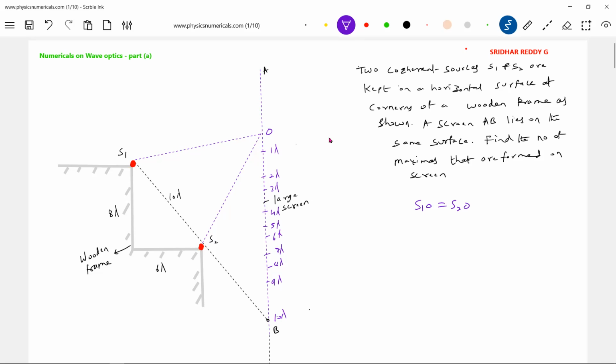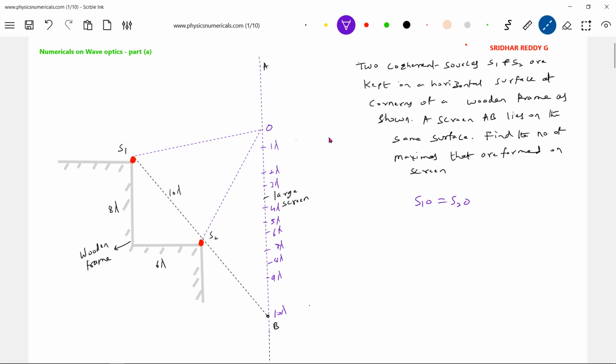Then what about the other point? Finally, look at this one. What is the path difference between them? It should be 10 lambda. So the path difference of the rays reaching point B will be 10 lambda. Why not here, sir? Because this wooden frame will block the light coming from S1.